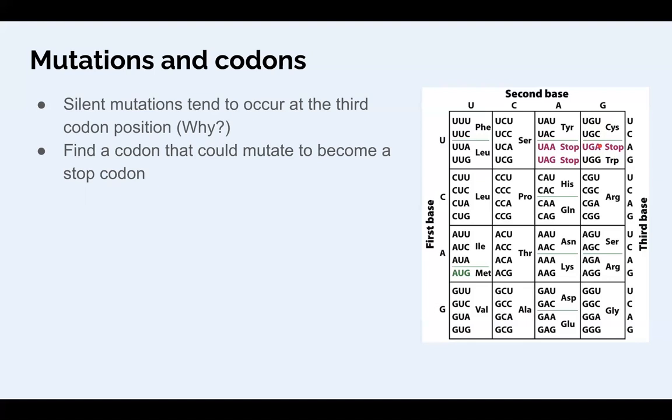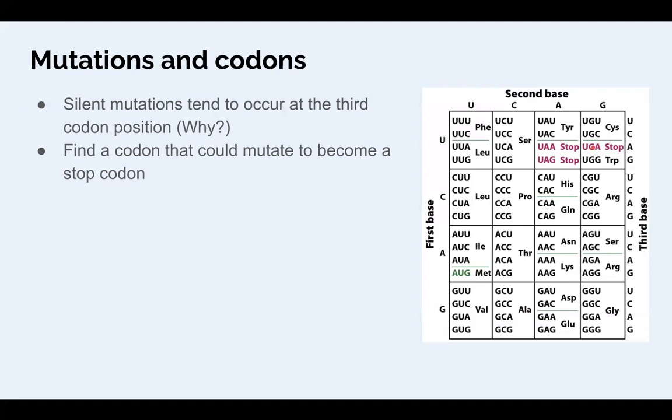Changing the second nucleotide position of the codon would change you in this dimension. So UUA leucine, UCA serine, those amino acid codons could become UGA by changing that middle nucleotide letter.